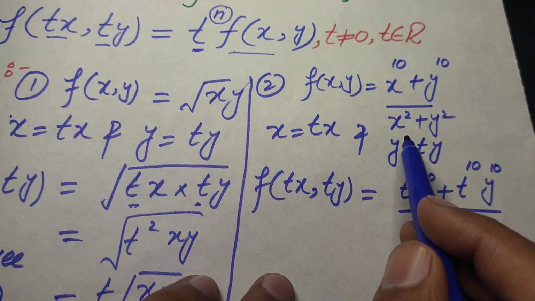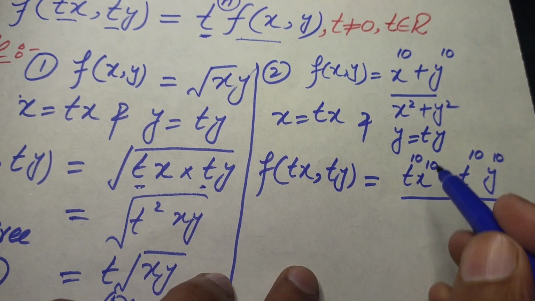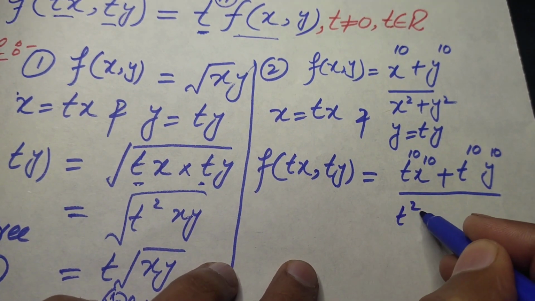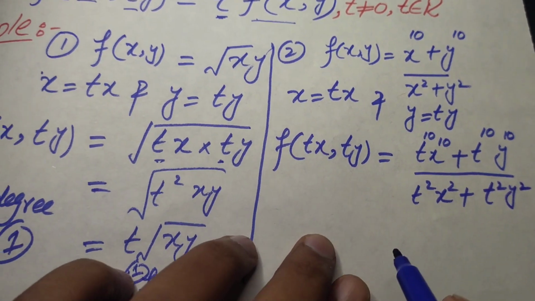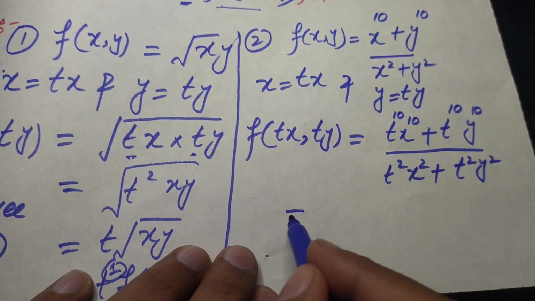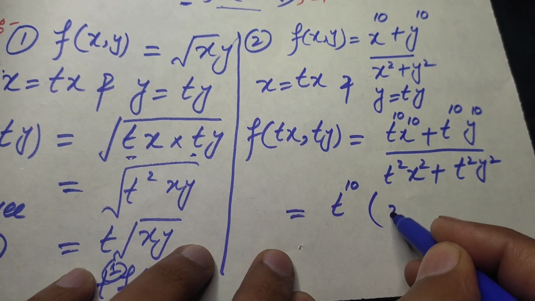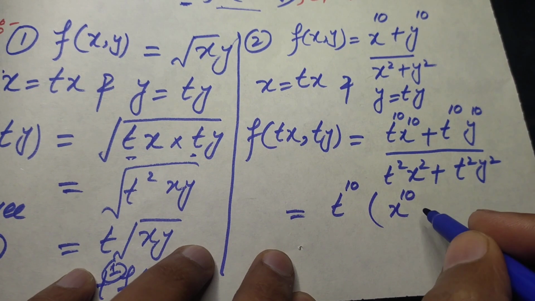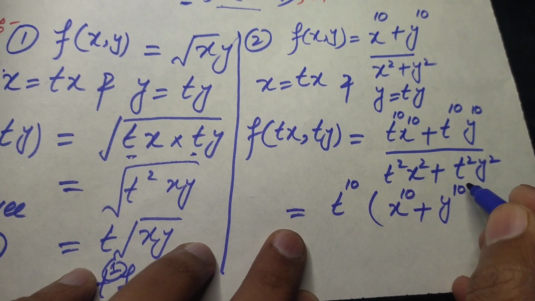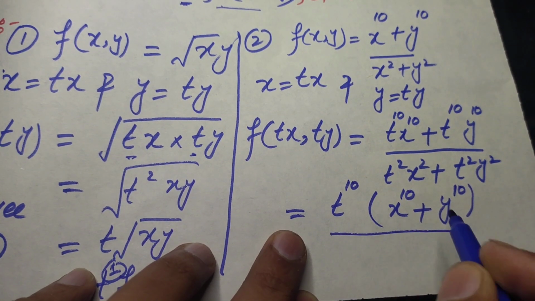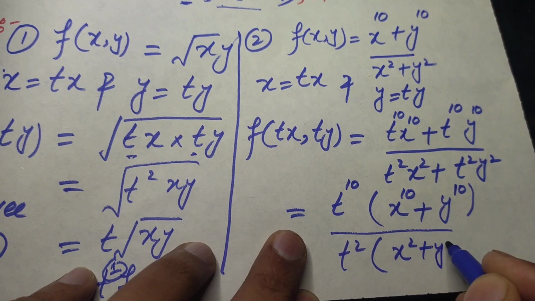Similarly we can replace the values of x and y in the denominator, and we will obtain t squared x squared plus t squared y squared. After that, we will take t^10 common in the numerator, and we will get the remaining value in the form of x^10 plus y^10 over t squared into x squared plus y squared.